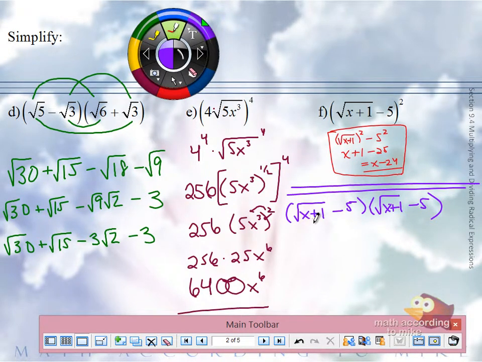What's square root of x plus 1 times the square root of x plus 1? X plus 1. Outer, square root of x plus 1 times negative 5. Good. Inner, same thing. Last, negative 5 times negative 5. Good.